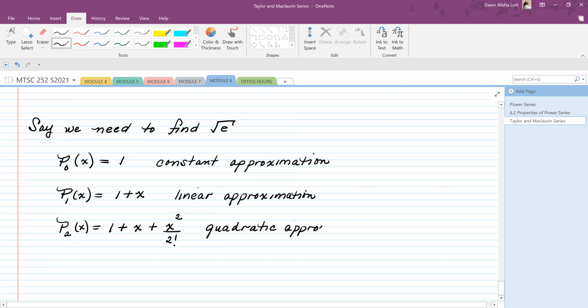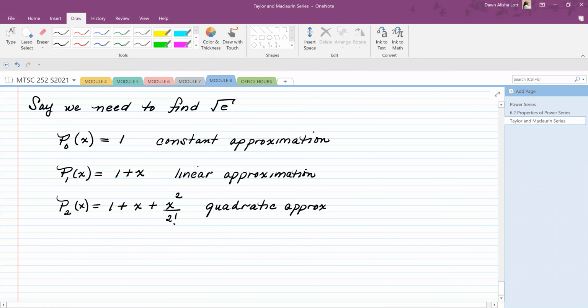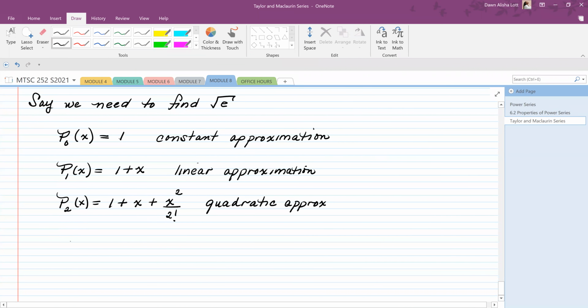Now, the full series, e to the x, is the sum n equals 0 to infinity of x to the n over n factorial, which is 1 plus x plus x squared over 2 factorial plus x cubed over 3 factorial.